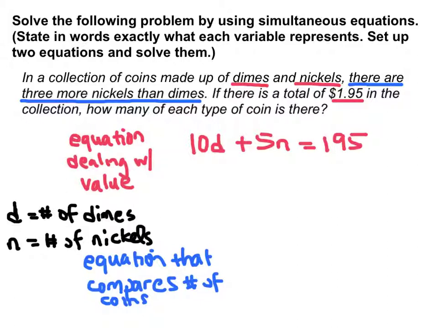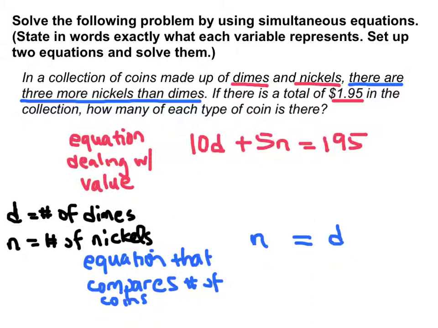So whenever I'm comparing the number of coins, I know that I can start off by setting each variable, the number of nickels, equal to the number of dimes. But that is not the equation that I'm going to end with. If they were stating that the number of nickels is exactly the same as the number of dimes, this would be a good equation.